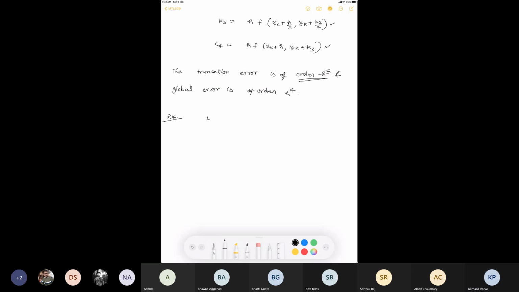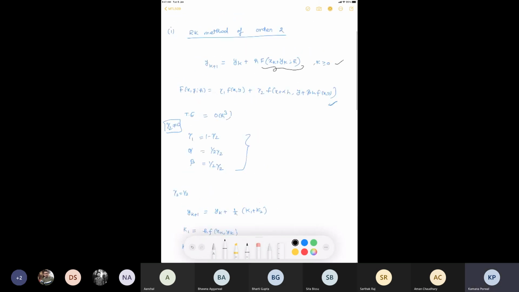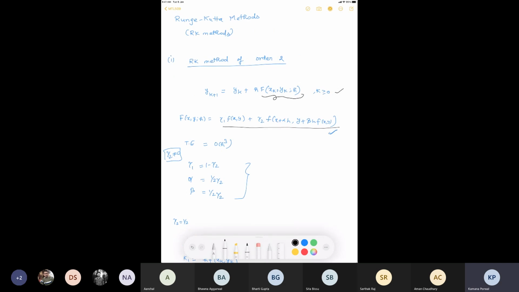So in general case, the choice of the function f is given by, so again you can guess that it is going to be some average slope.